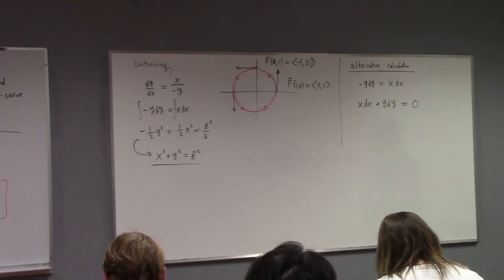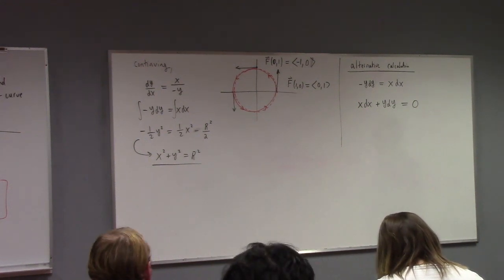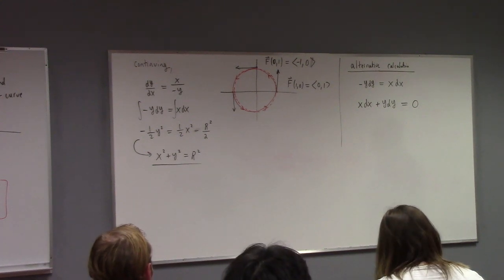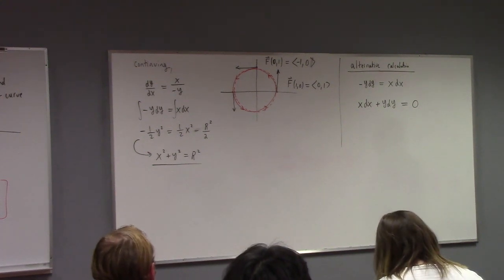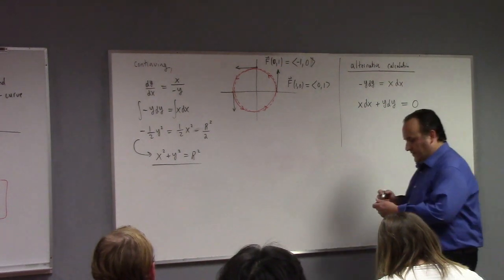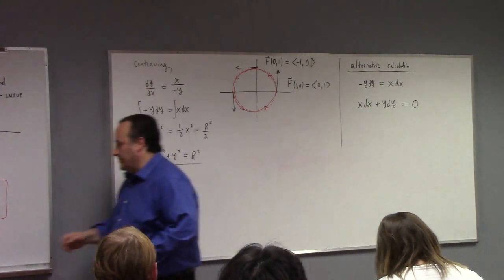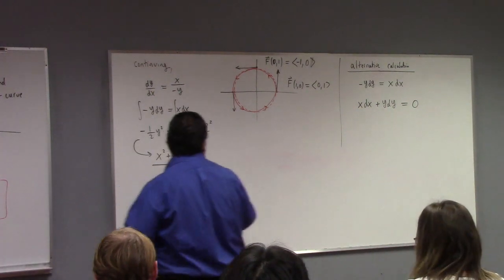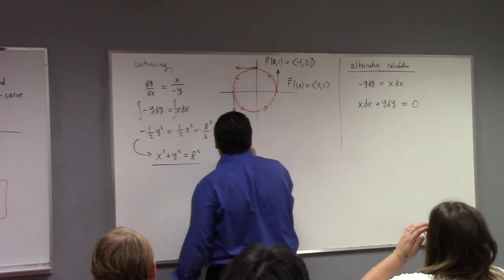So do you guys remember from Calculus 3 the definition of the differential? What is the differential of a function of two variables? Do you guys remember? Maybe you don't. Let me remind you. I'll use a different letter here.